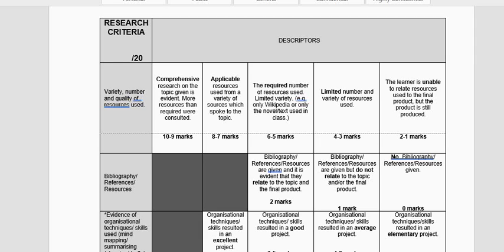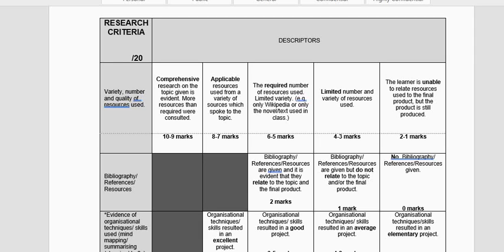The second descriptor: a limited number of resources were used, and a limited number and variety of different resources were used. And what should actually be in here, they relate mostly to the product. So it will be 4 to 3 marks.